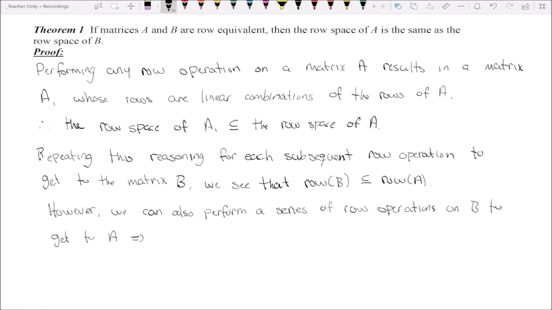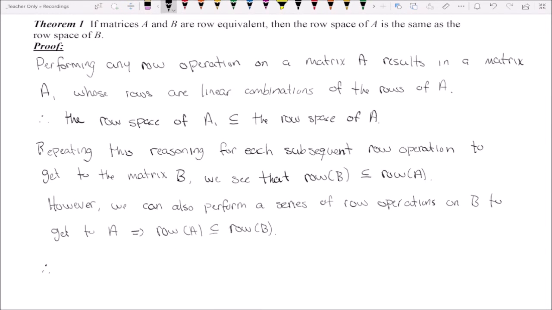Which obviously then implies that the row space of A would be a subset of the row space of B, right? So they're subsets of each other. We can therefore conclude that the row space of A must actually be identical to the row space of B. That's what it means if two sets are subsets of each other.